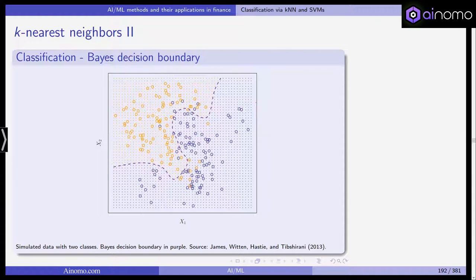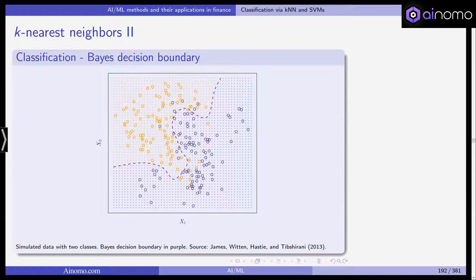This is what comes out of the actual Bayes decision boundary. As you can see, if we know the conditional distribution of y given x, then it's actually the best classifier we can achieve, because we know the conditional probabilities.